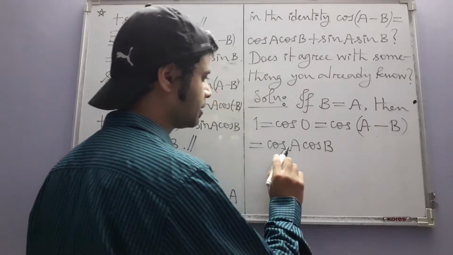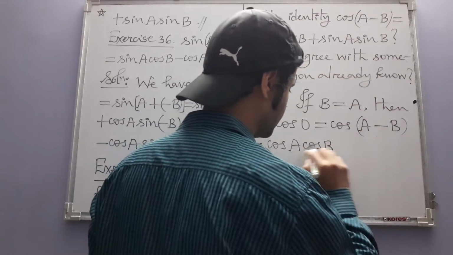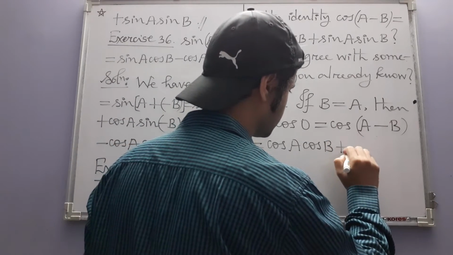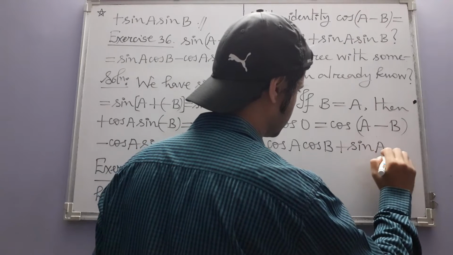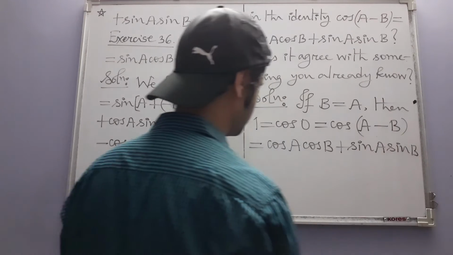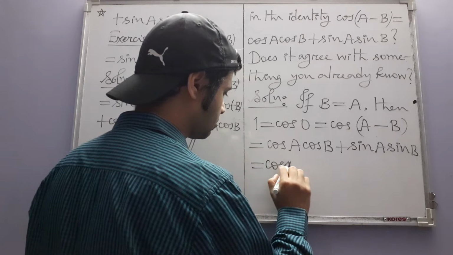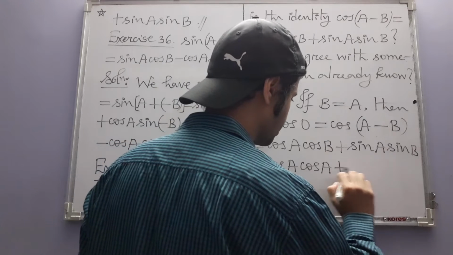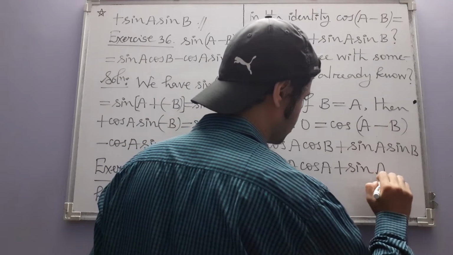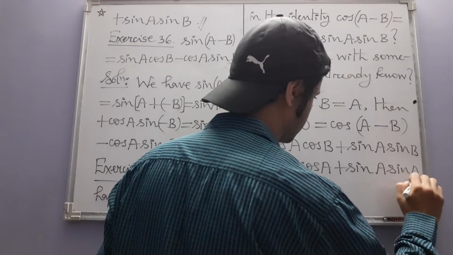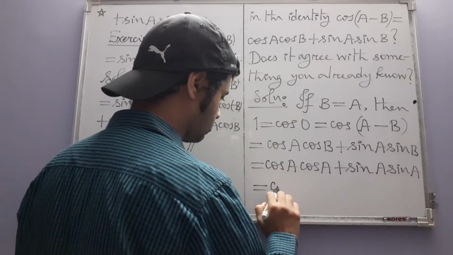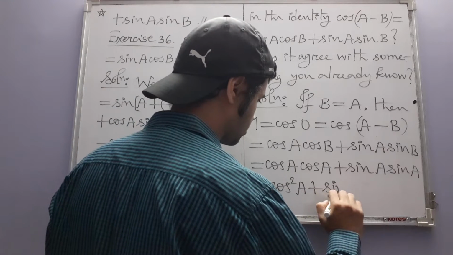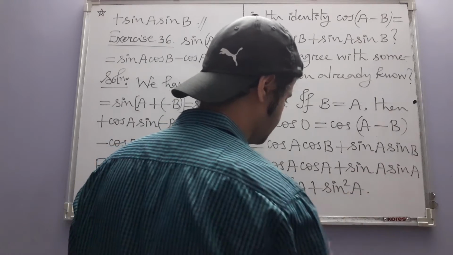I'm just simply writing the formula the way it is. And then we are again going to use the fact that a is equal to b. In place of b, I'm just simply writing a. So that means we are having cos squared a plus sin squared a, which is 1.